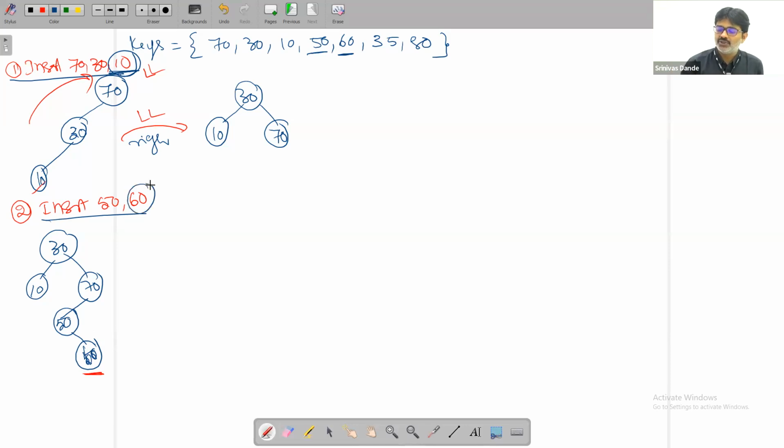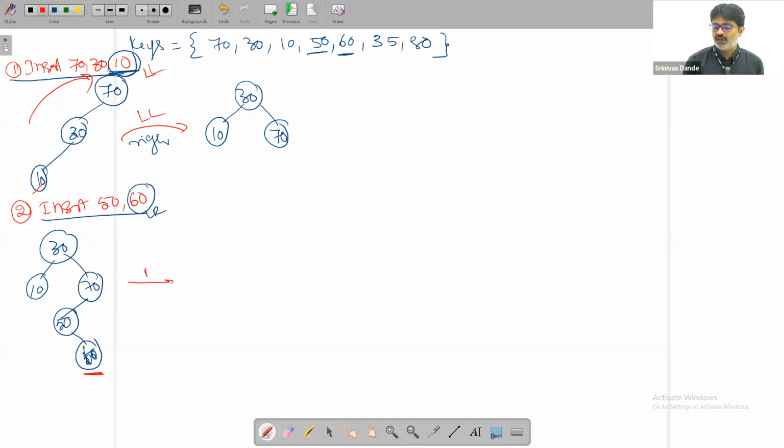Which rotation is required now? Tell me. LR, wonderful. LR, guys, it is LR. So this is causing LR. LR means two rotations.